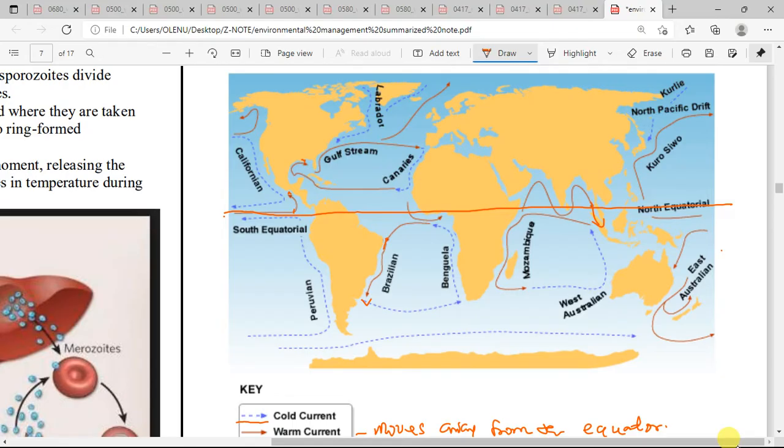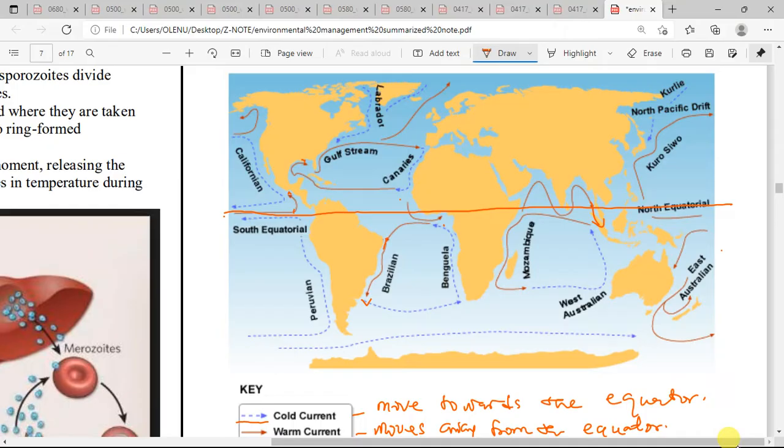But you find that the cold current moves towards the equator. That means the cold current comes from beneath the ocean and moves up towards the equator, from both north and south. From the north, you see it coming down towards the equator.